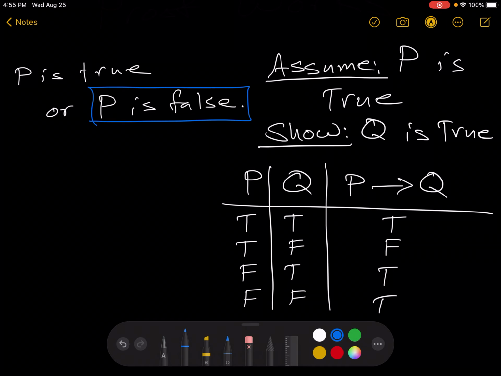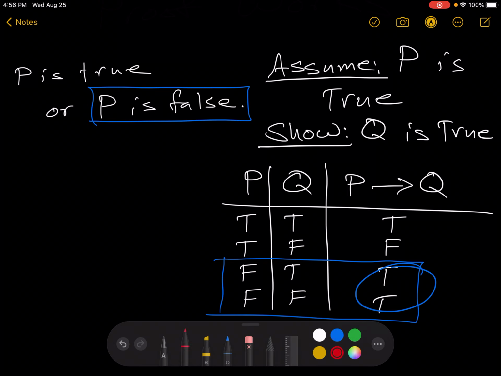If P is false, then we're in one of these two bottom rows here. And look at what happens. P implies Q is defined to be true when P is false. Right? So if P is false, then the overall statement P implies Q is true.